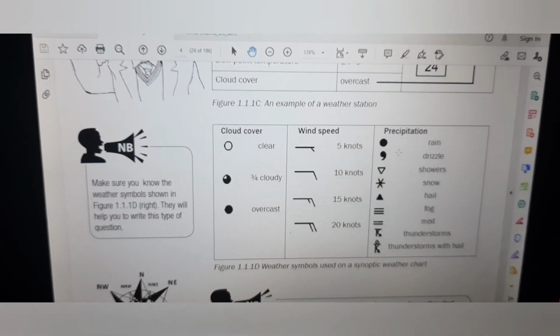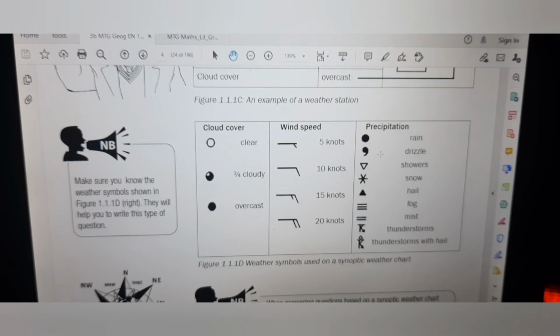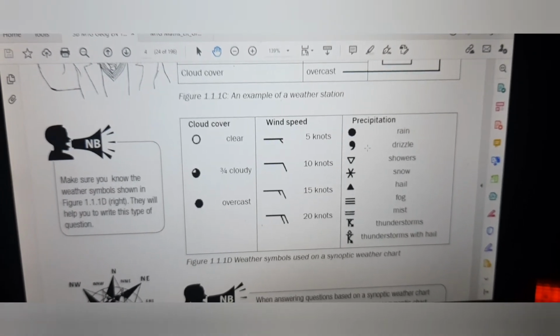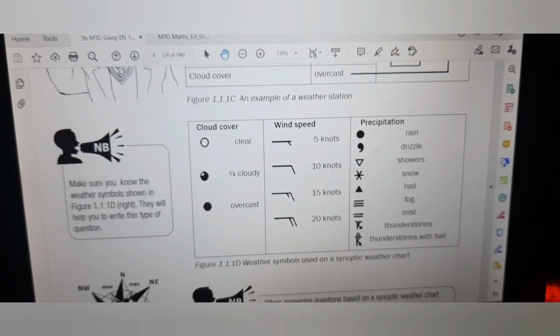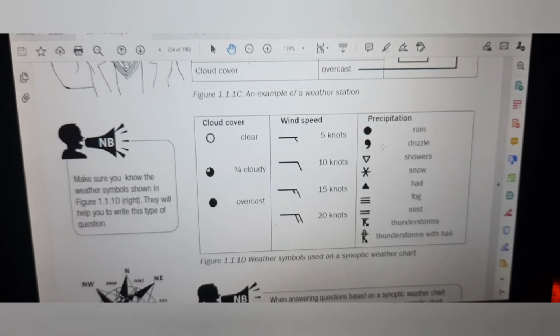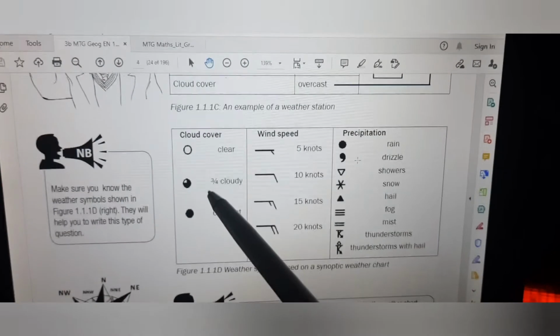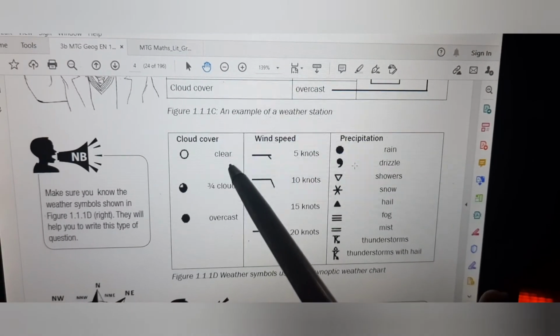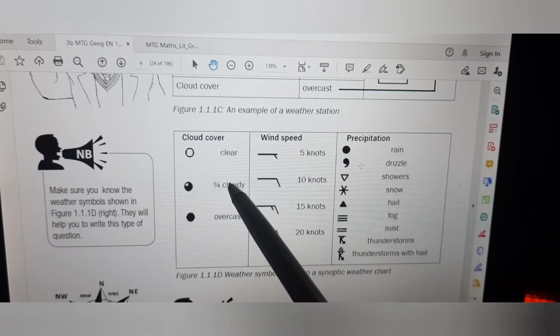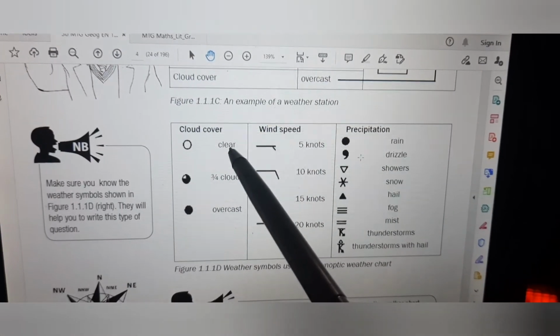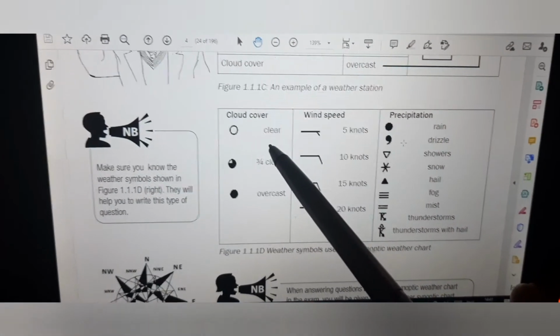Now let's analyze these symbols. You need to know the symbols, but you're definitely given them, you just need to be able to analyze them. Now here is what I was talking about, the cloud coverage. When it's just a circle without being colored, the sky is clear.